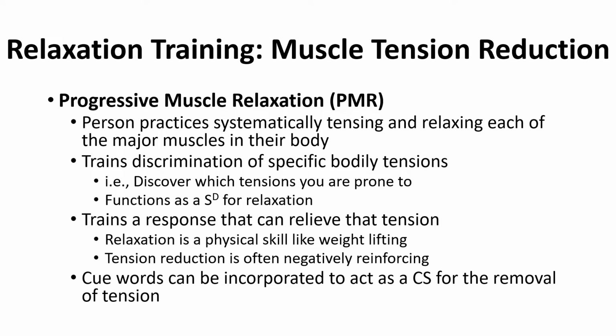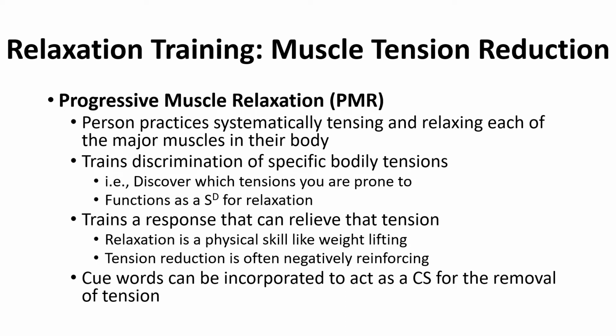And this process helps train the discrimination of specific bodily tensions. Basically, it's going to help you figure out which parts of your body tend to tense up when you're showing those autonomic responses. So if you're someone who is afraid of heights and you have to go have a meeting on the 10th floor of an office building, and you are going through progressive muscle relaxation, gradually tensing and relaxing each of the muscles within your body, maybe you notice that you carry a lot of tension in your shoulders.